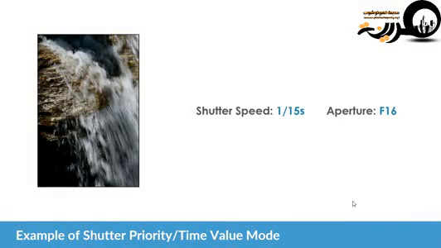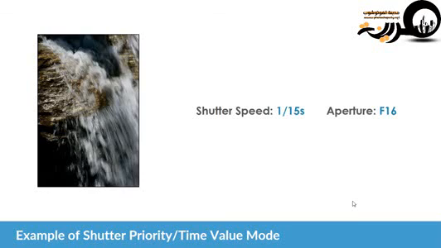So here we have an example where the camera is set to the shutter priority mode, and as we know, we're in control of the shutter speed now. In this particular shot, I've decided that I want to have a little bit of motion in this water. So I've decided to select a shutter speed of a 15th of a second. A slow enough shutter speed.